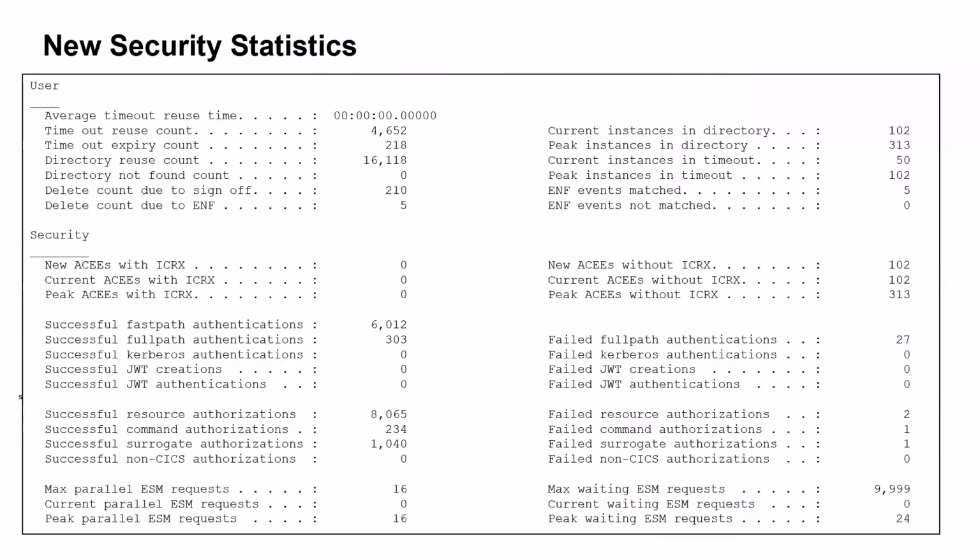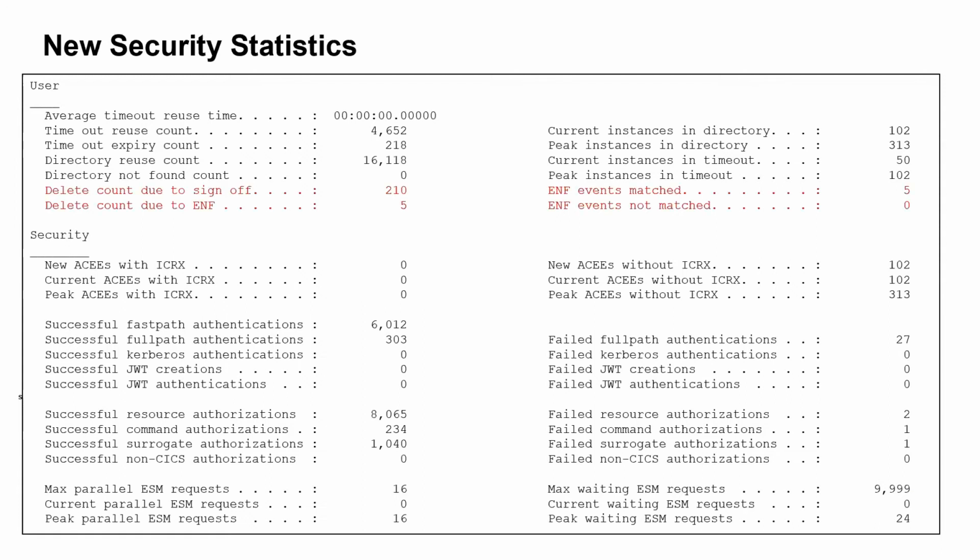So what we've got here in the stats report is information that we've added to the user domain and also the security domain. There were no security domain stats prior to 5.6 because it just wasn't felt necessary at that stage.